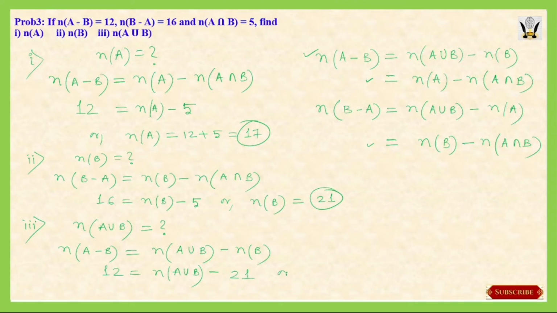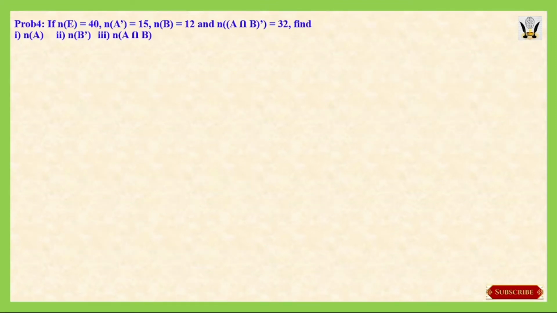So the cardinal number of this union operation between A and B will be 12 plus 21. That means it will be 33. So this is how we solve the problem sums related to cardinal number. Now let's see what is waiting for us next.